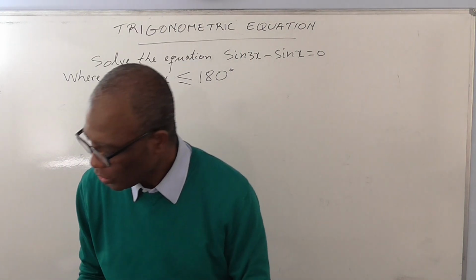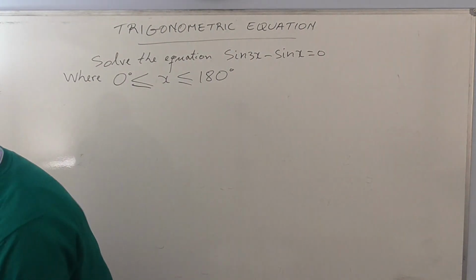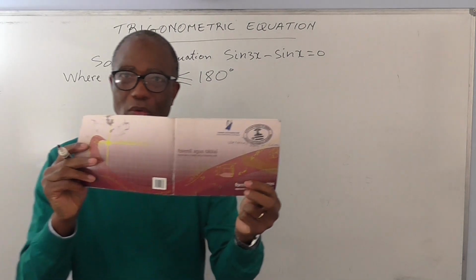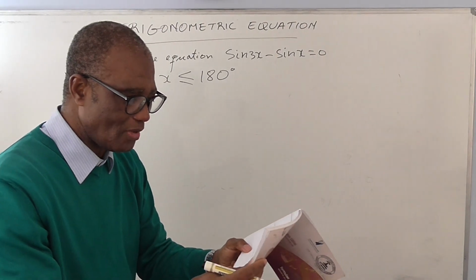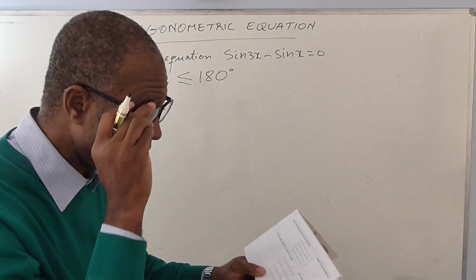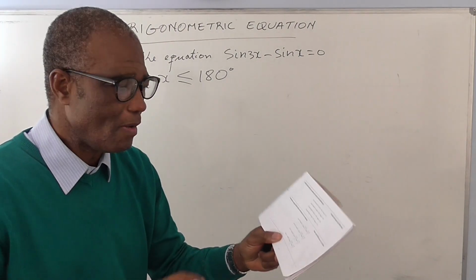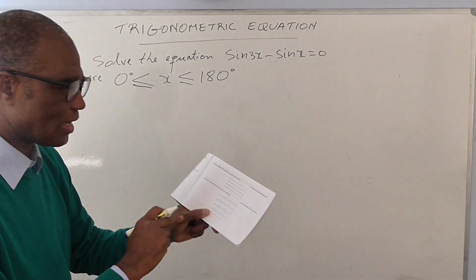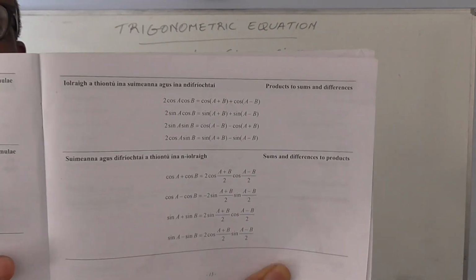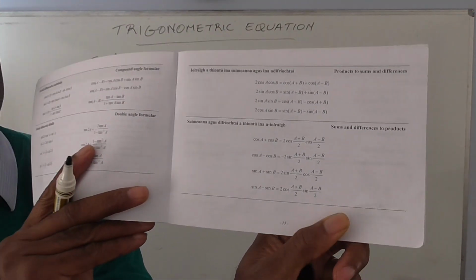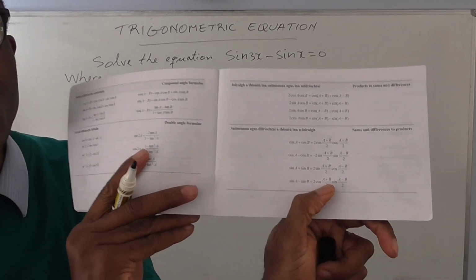Now, we are going to use our formula book, okay. On page 15, we have the formulas there. If you can see, we have the formulas there. We're going to use the very bottom one.